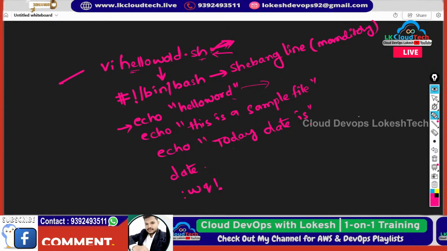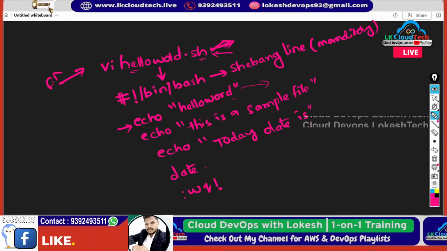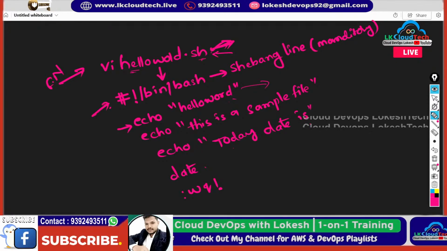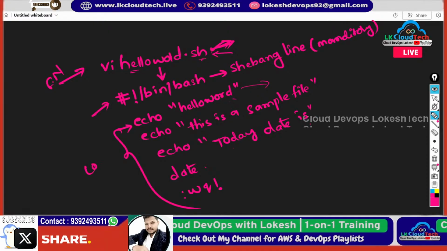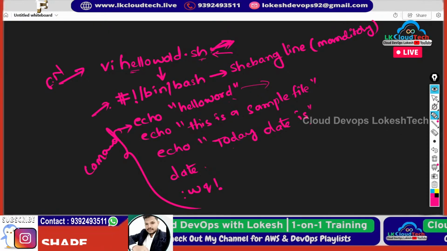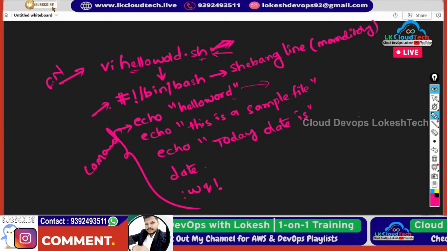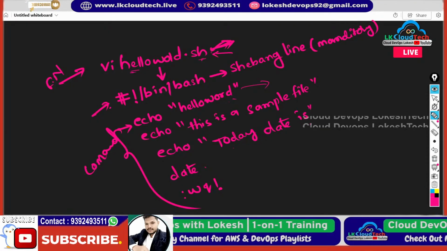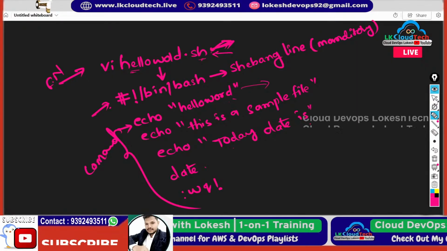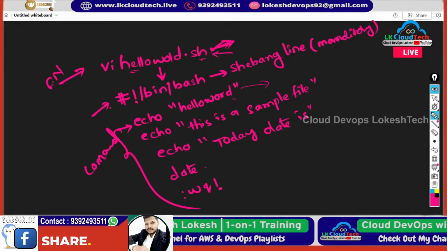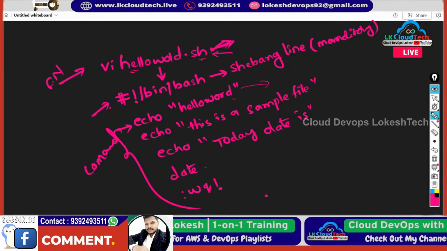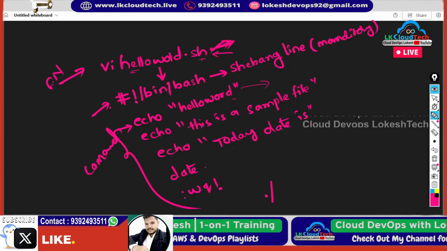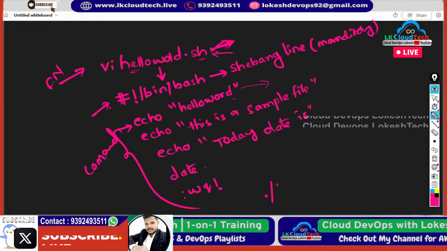Actually this is a file name. This is a shebang line. These are all commands, which I have written in a sequence. Whenever you execute, what is the command for execution? Dot slash file name.